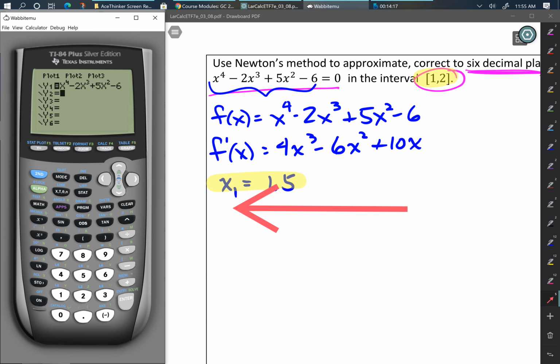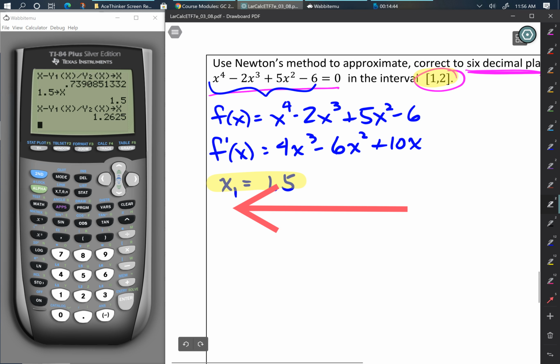My derivative is 4x raised to the 3rd minus 6x raised to the 2nd plus 10x. My initial guess is going to be 1.5, so I'll store that 1.5 into x. And then I'm just going to go back up and grab that command, enter.